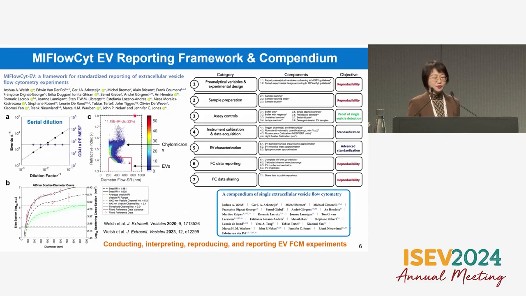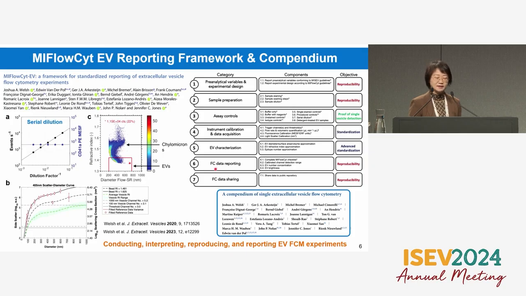So flow cytometry analysis for EVs encounters many challenges, not only because of the limitations of the instrument, but also the lack of rigid methods and the ambiguities in data interpretation.